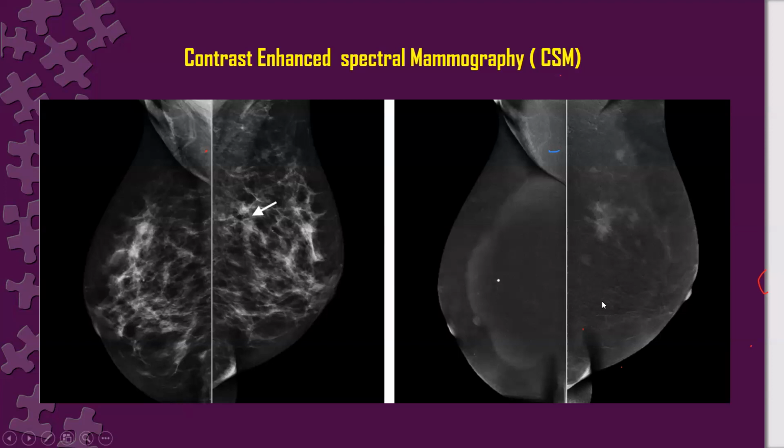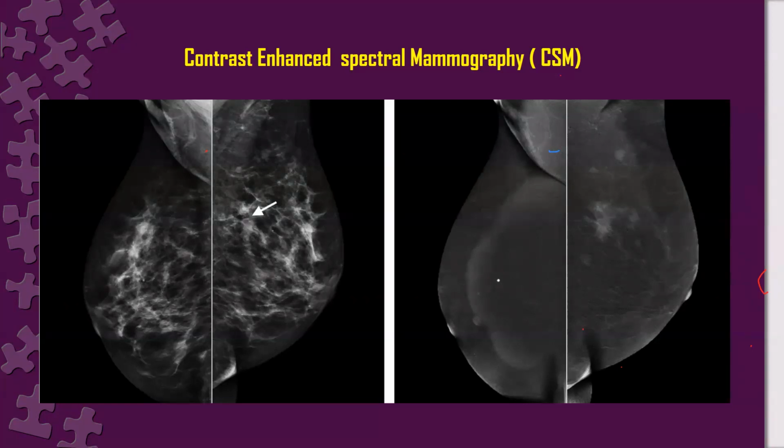Any of you remember the lexicons about MRI, and also the pattern of enhancement? You have to apply it in the mammogram. What are the morphologic descriptors?